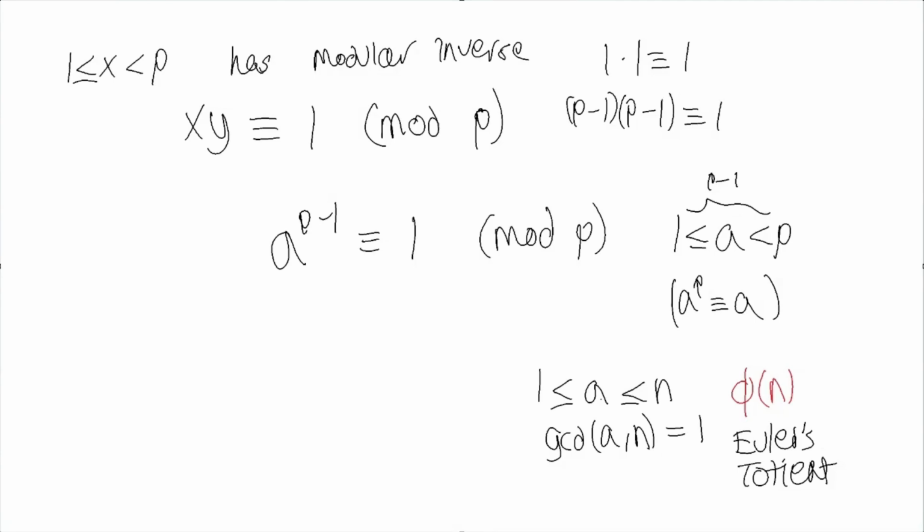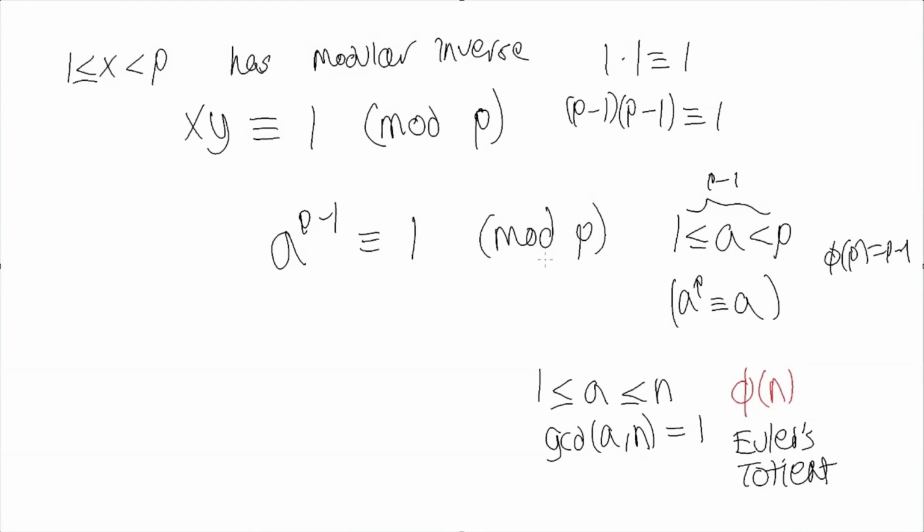Anyways, this function phi is super important in number theory. One reason why it shows up is the following. Because there are p minus 1 numbers in this range, phi of p is equal to p minus 1, and we are able to get this relation here.